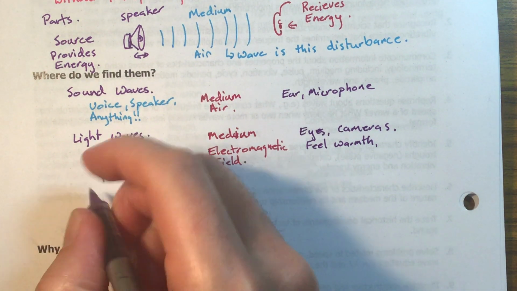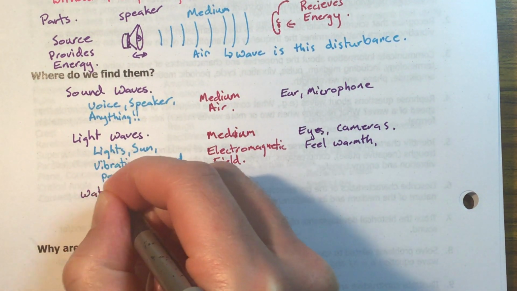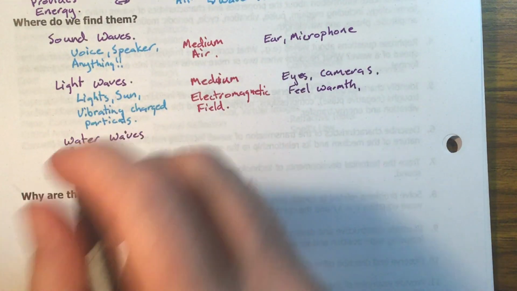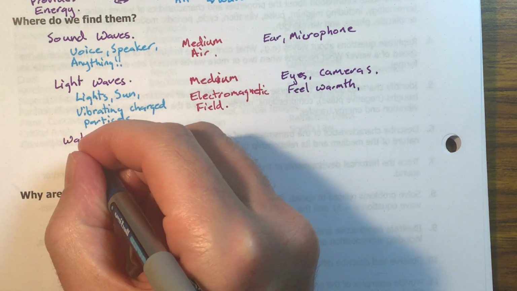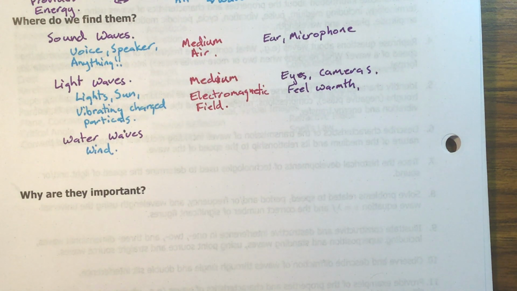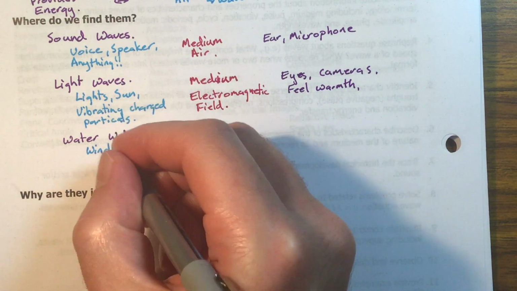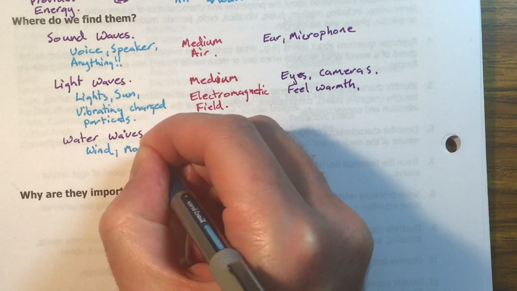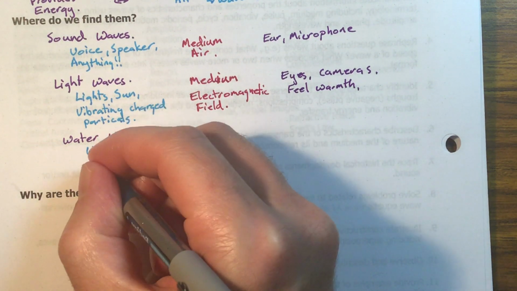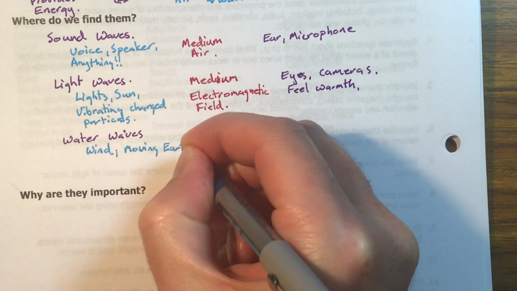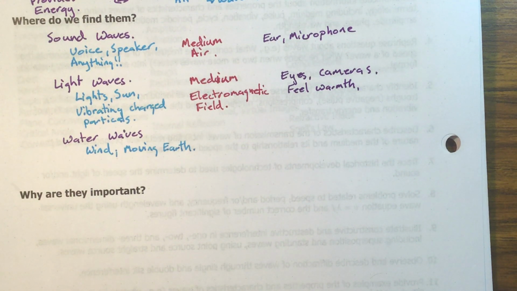Right, so water waves, another common set of waves. Water waves can be caused by the wind. The wind blows across the lake, and makes waves. It can be caused by moving earth or moving objects, like a tidal wave would be caused by plate tectonics shifting around under the ocean.